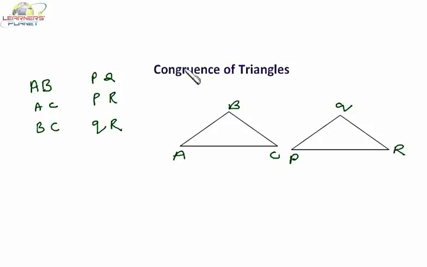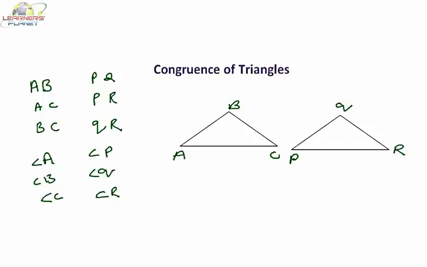Apart from that, it is also necessary that the three angles of this triangle should be congruent to the three angles of this triangle. That means angle A, angle B and angle C should be congruent to angle P, angle Q and angle R. That means it will take six elements of the first triangle which are congruent to the six elements of the other triangle.